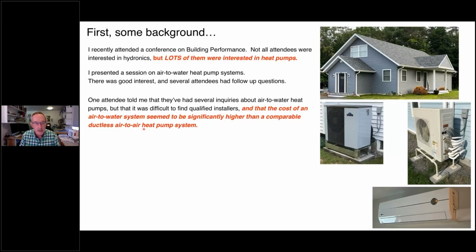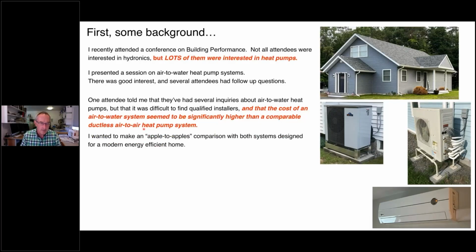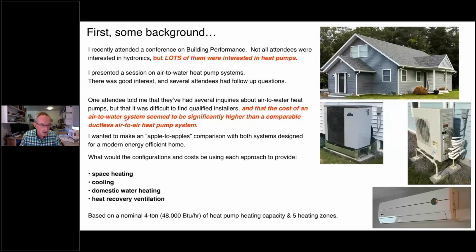So I wanted to make what I call an apples to apples comparison for a ductless system that can also supply, with additional equipment, domestic hot water as well as heat recovery ventilation. So we look at these four functions here: space heating, cooling, domestic water heating, and heat recovery ventilation.